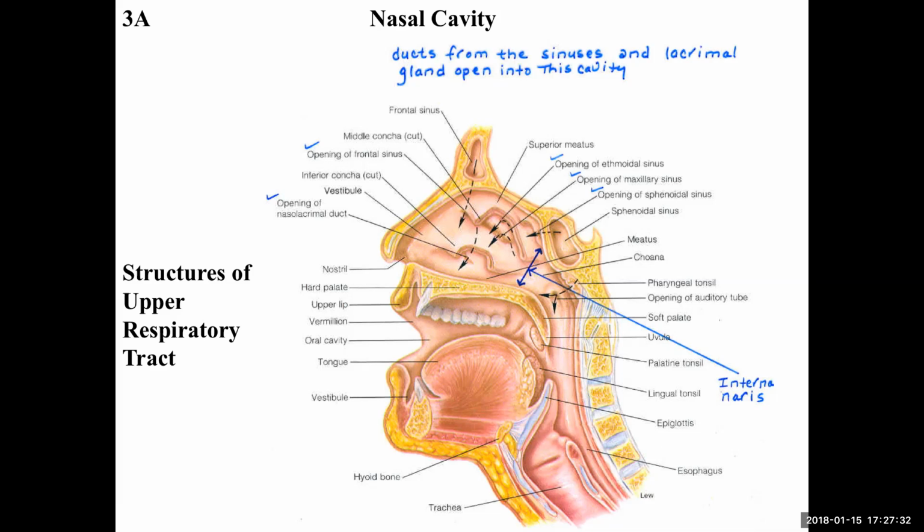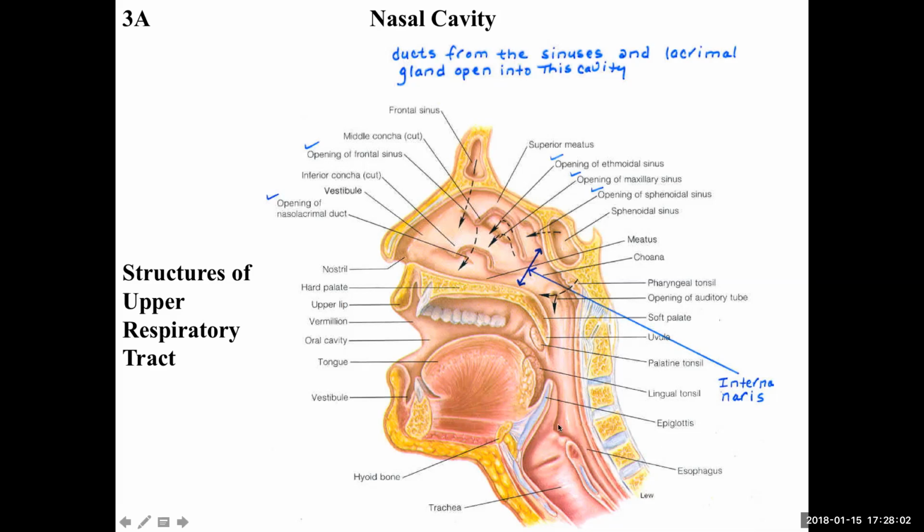So you see then we go from a pseudostratified ciliated columnar to a stratified squamous, non-keratinized in the oro and the laryngo cavities. And remember that the oro and the laryngo are part of both respiration and digestion. They're a common passageway for air, food, and liquids.